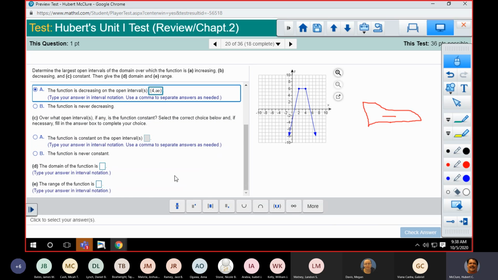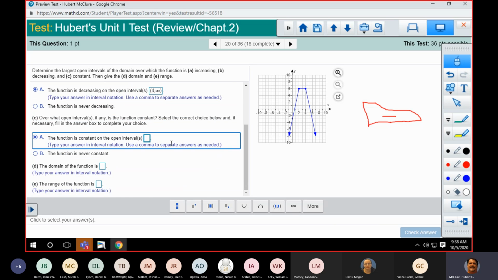And then it's constant from 2 to 4. The domain of the function is all real numbers because you got arrows here and everything's solid. So negative infinity to positive infinity. Range, negative infinity to 6.